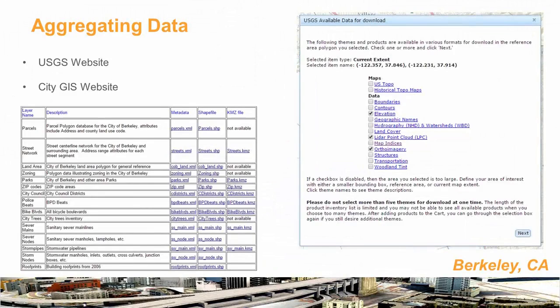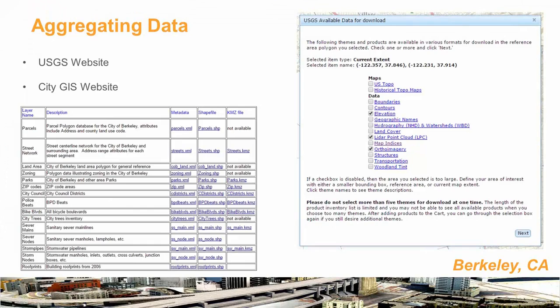So for today's demonstration, I've chosen the city of Berkeley, California. And on the slide on the right-hand side, you can see that I've decided to access the USGS website. And from there, I was able to obtain elevational data, LiDAR point cloud information, and ortho imagery.